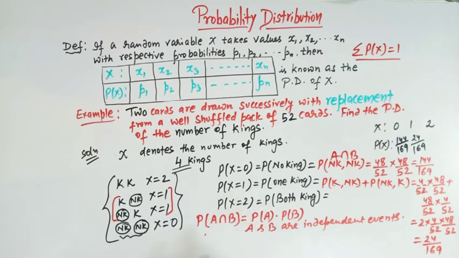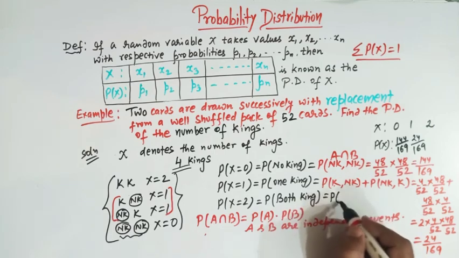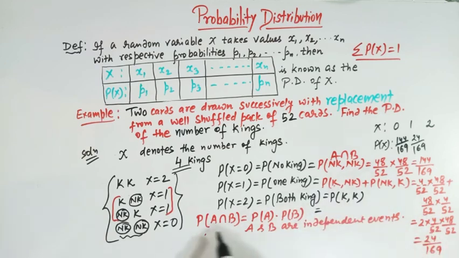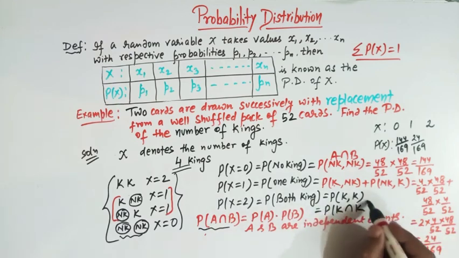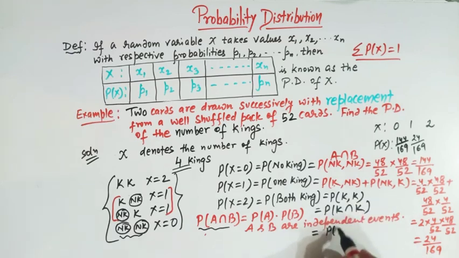Now let us come to the third one. Here we have to find P(x = 2). It means we have to find the probability of getting both the kings, so P(K and K), or in terms of this formula we can write P(K intersection K). So we can write P(K), the probability of getting a king in the first draw, multiplied by the probability of getting a king in the second draw.